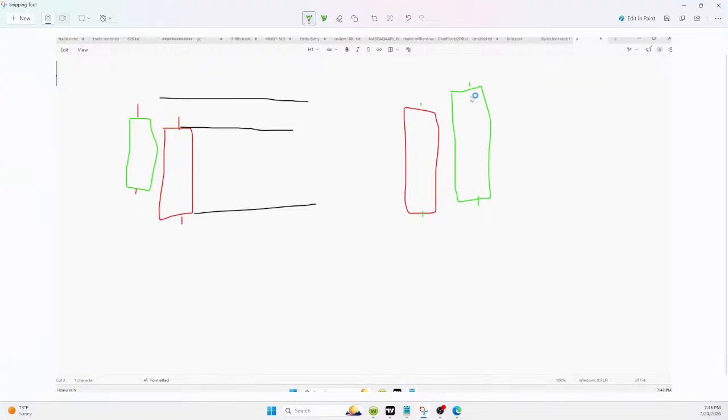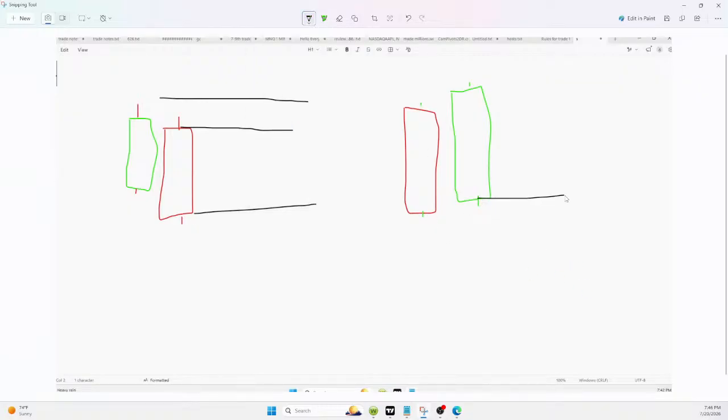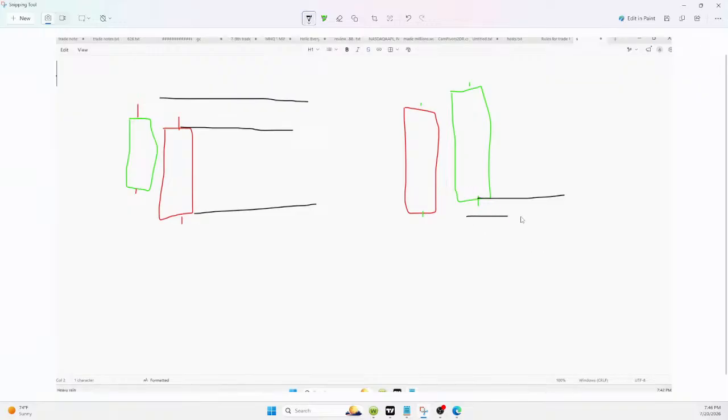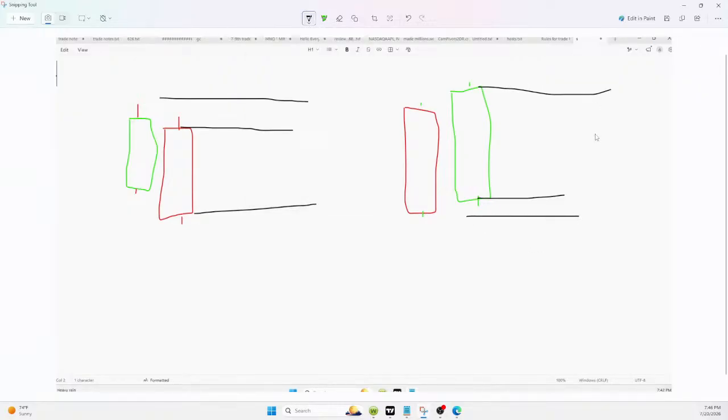Now there are details about what kind of wick it should have, but this is the basic structure. Once you find that, put your order here, your stop loss here, and your target has to be at the top of the body. This is what you have to do.